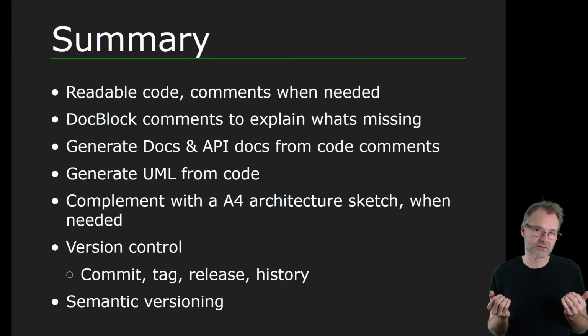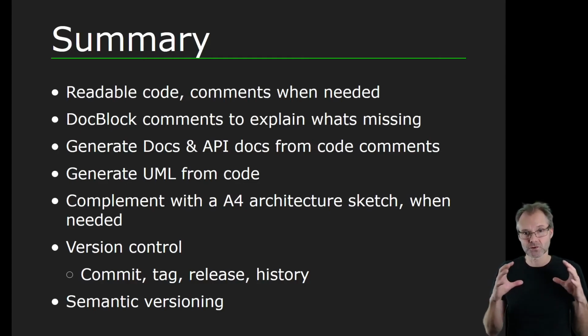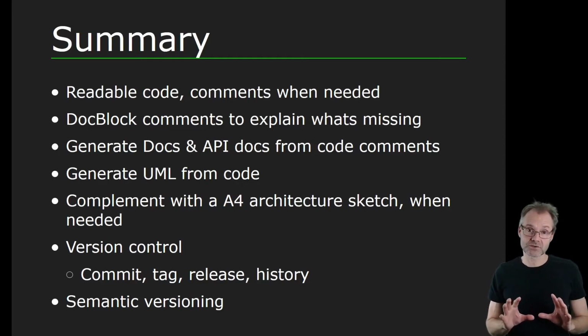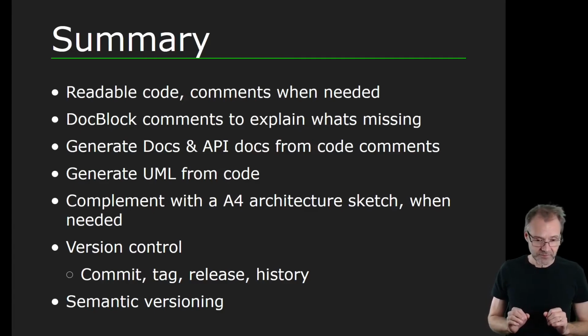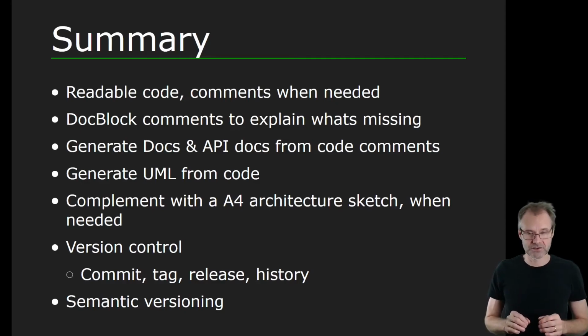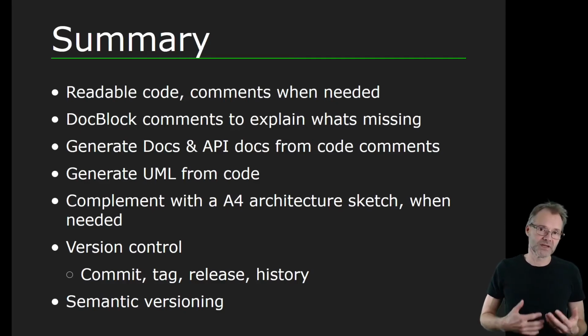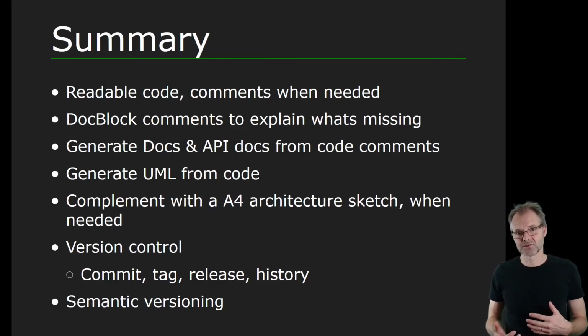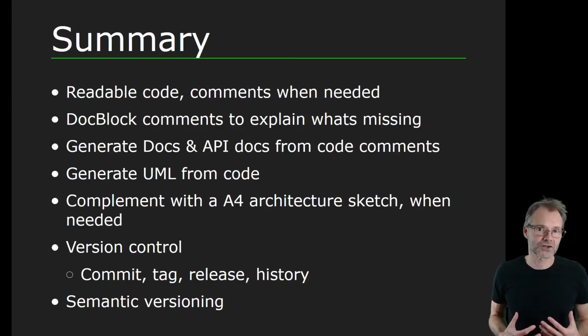Usually you don't need to maintain it, because when you have written the overall thoughts, maybe those are stable. We should all go for version control, use Git or any other version control. We should really build up the commit history. We should use tags, do releases, have a release history, and work with versioning.